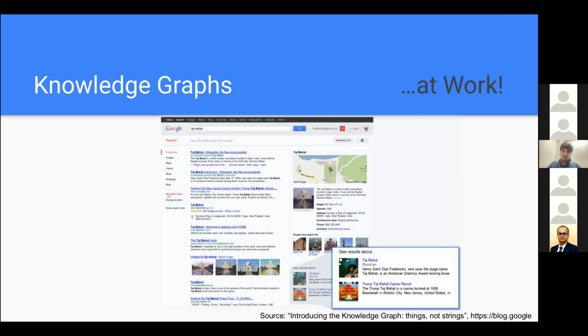In this screenshot, the search query that was fired was Taj Mahal. On the right hand side, you can see some information about Taj Mahal. There is a map and a geolocation where Taj Mahal is located. There are other attributes such as height, open, address, architectural style, and so on.